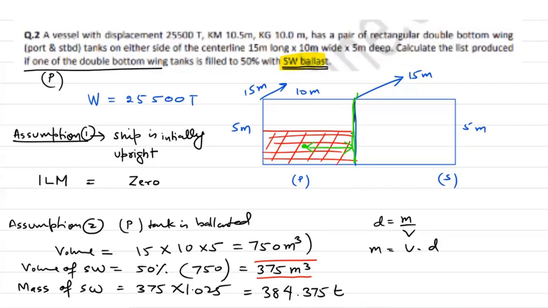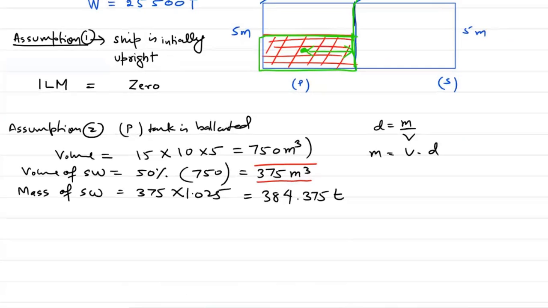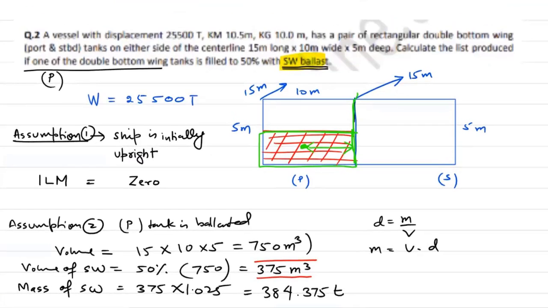GG1. This total weight is here. What is the horizontal distance of the center of gravity of the fluid? By the way, this is ballast. This is homogeneous, uniform weight distribution.